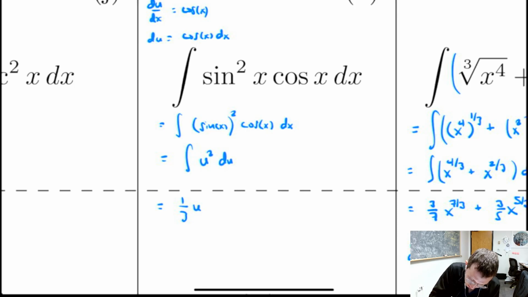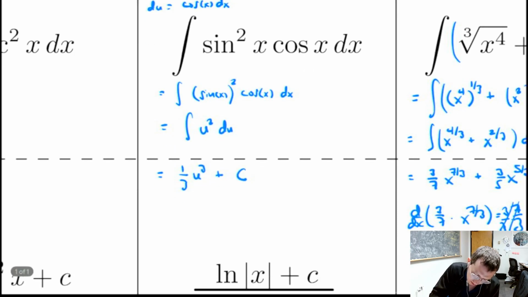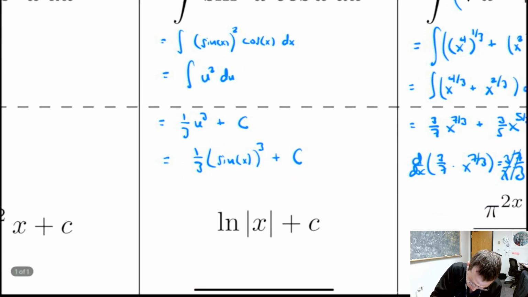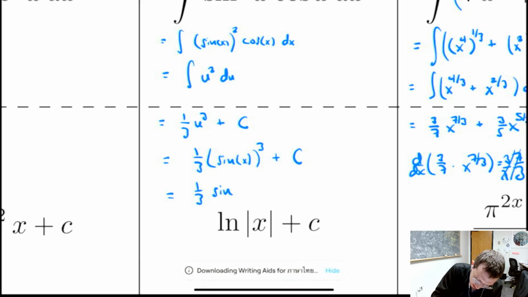The integral of u squared is 1/3 u cubed plus c, and the last thing we should do is replace the u with sine of x, and I'm going to revert to the original notation because that's how I expect to see the answer.